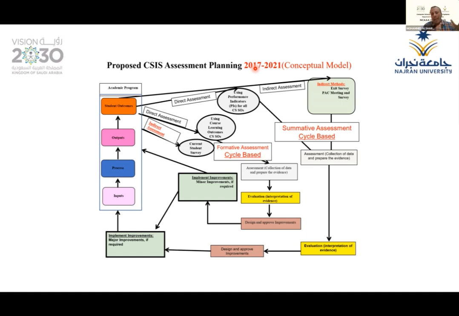Really, we are late, we have a delay in the implementation. It should take 6 months, 1 year, not more than that. And the new assessment cycle should consider the new improvement plan. However, we are working on the same one, but also as a good practice. And now we are creating the third one, which will be the third assessment cycle. Now we have to create our third assessment cycle, which should consider the new update and the new curriculum.